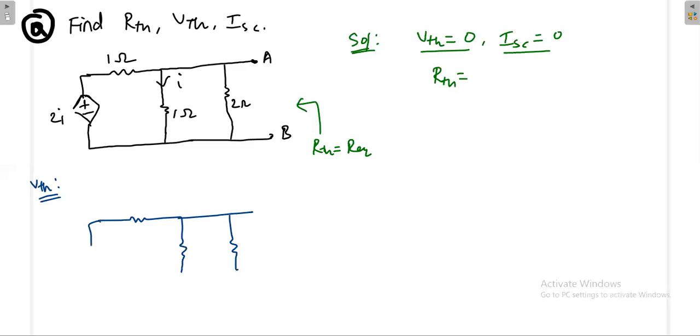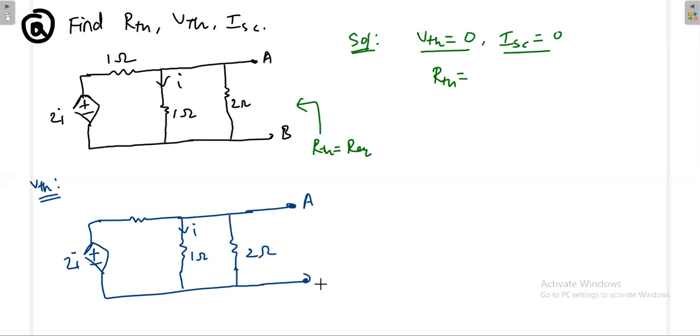So this is 2I, this is 1 ohm, this is I. Now you want to measure what is this open circuit voltage across the terminal AB. I want to measure what is this terminal voltage VOC.